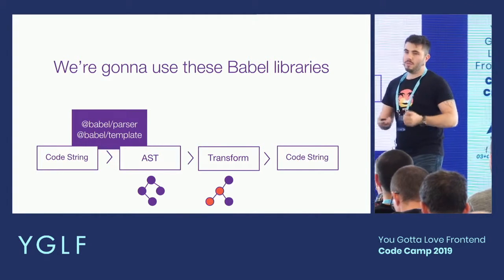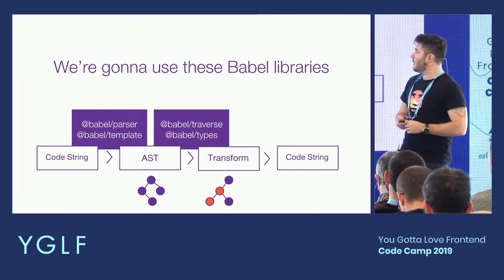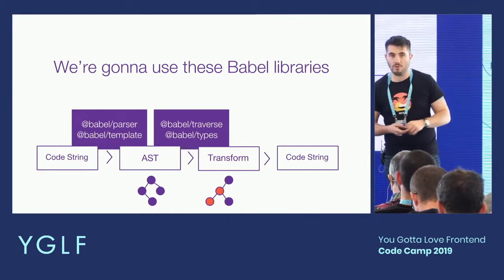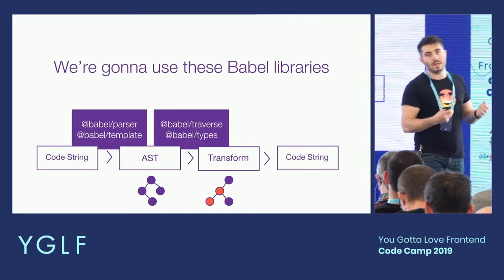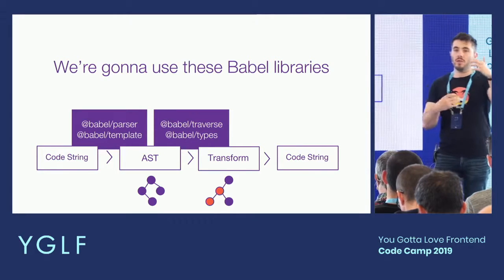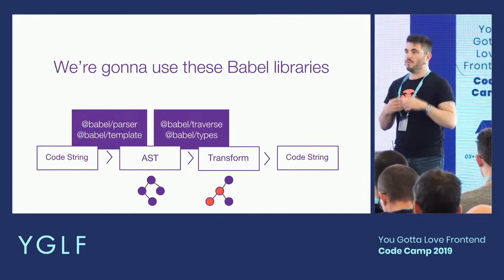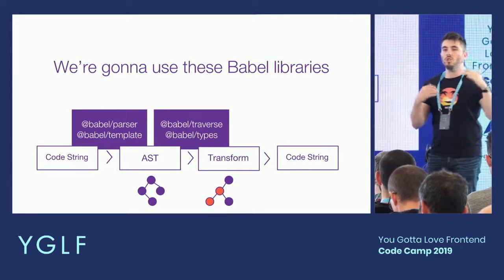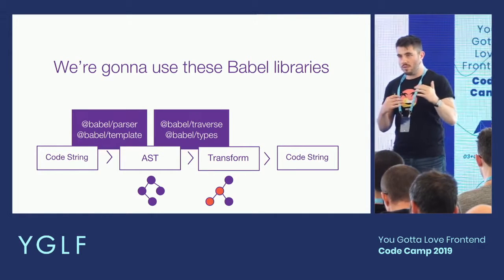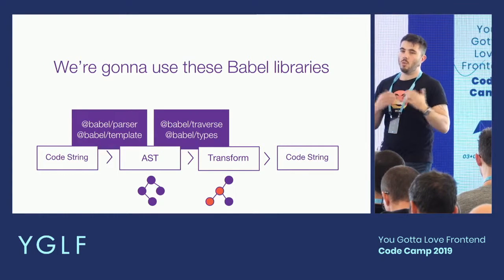Now, in order to help us with that, Babel has a nice library called Babel Traverse, which basically allows us to pass an object with functions which state which types of nodes within the AST we are interested in.